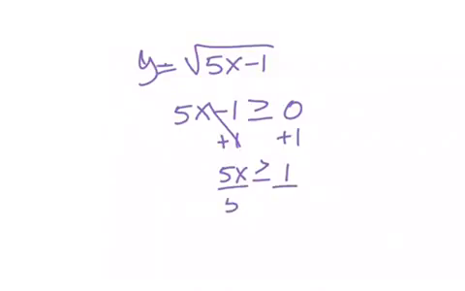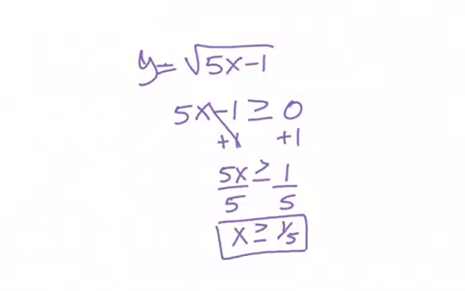Then I divide by 5. And x has to be greater than or equal to 1/5. So the domain numbers, we write it like this. x has to be greater than or equal to 1/5.